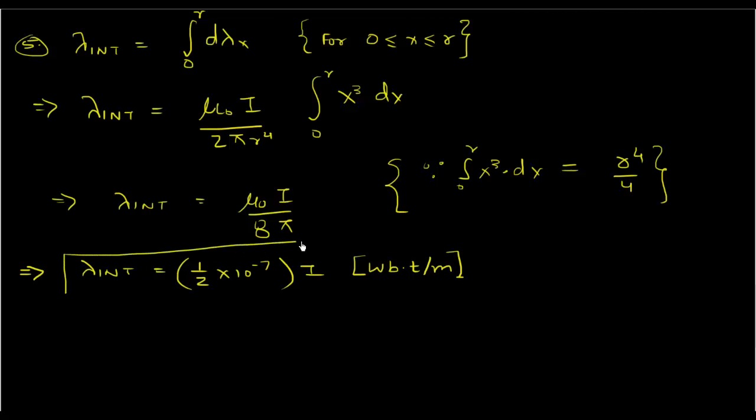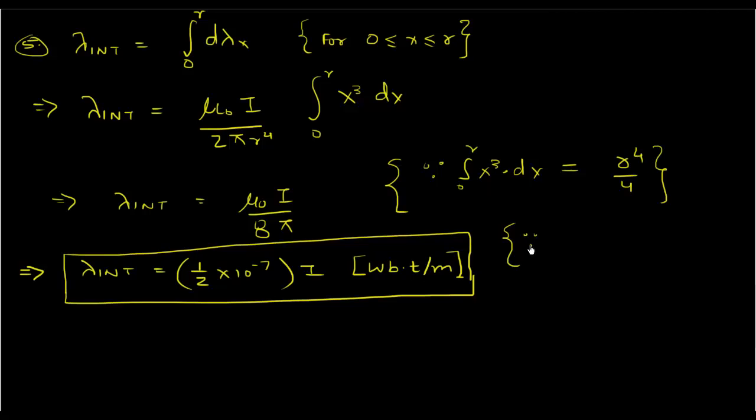Let me just highlight that for you here, because this is an important formulation we'll carry forward to our discussions in the next video. The reason we get this is because mu naught we know is 4 pi times 10 to the power minus 7. So once we substitute mu naught here, we get this value here.